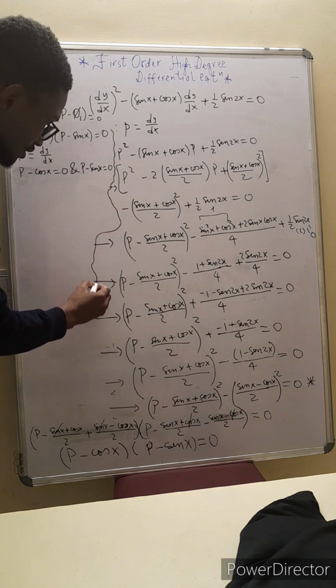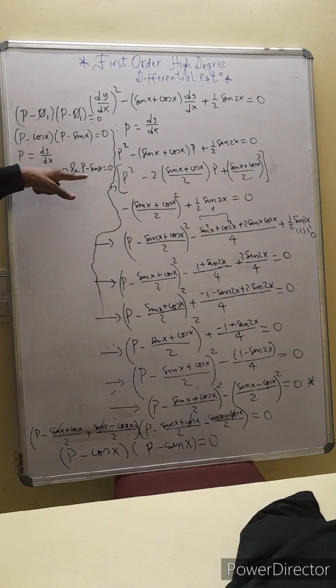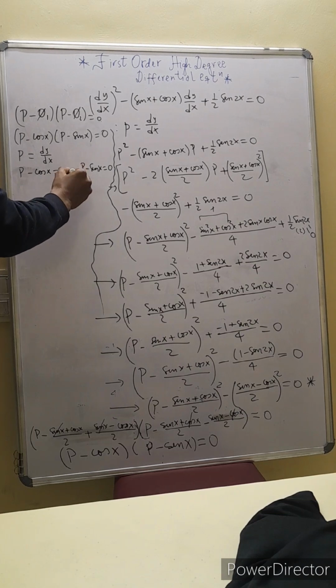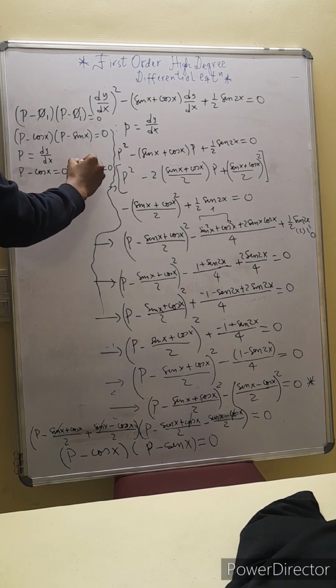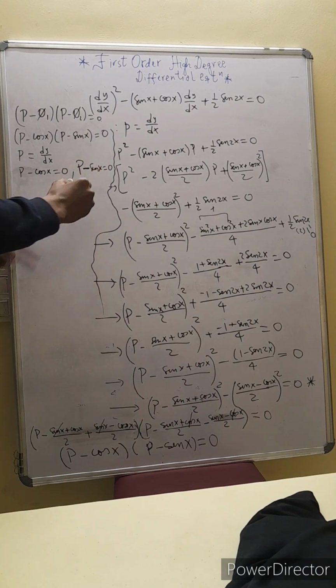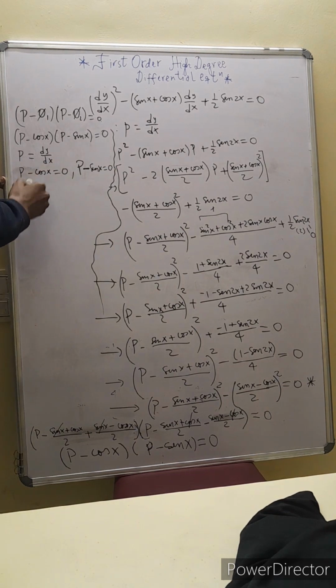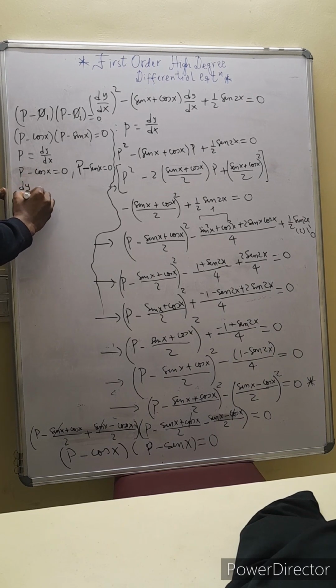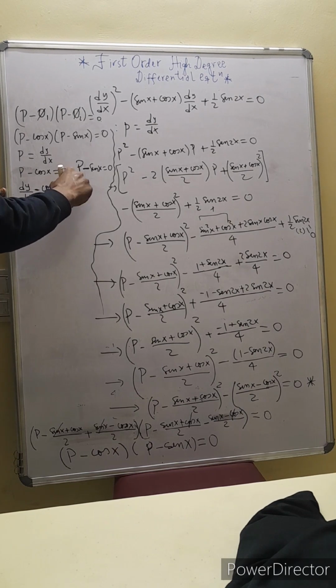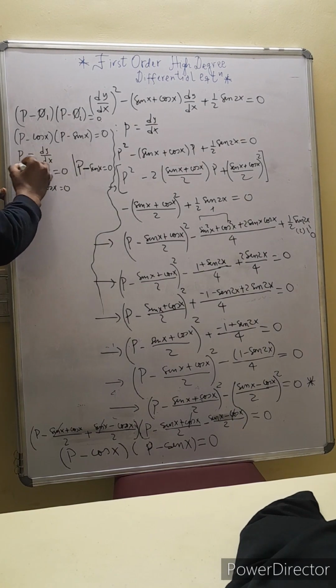Let me just make this division up here. P minus cosinus is equal to 0 and P minus sinus is equal to 0. So we have to put dy by dx. Now it will be dy by dx minus cos x is 0. This is for the first equation.